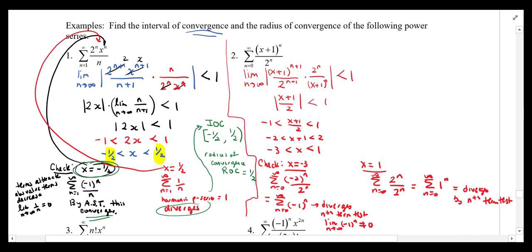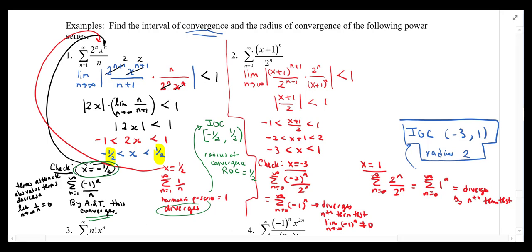Cool. Now, if you did all that, great. You can then finally say that the interval of convergence is just negative 3 to positive 1, and the radius is, yeah, cut it in half, right? Distance from negative 3 to 1 is 4. Half of that is 2. There you go.